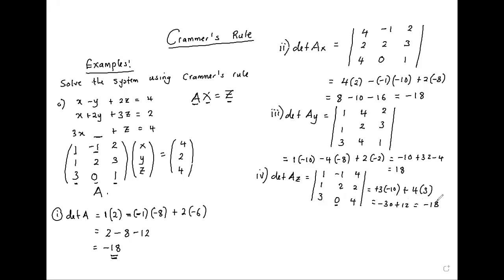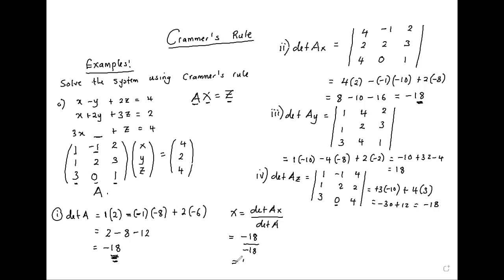After you get these determinants now, Cramer's rule says to get the value of x, you divide the determinant of AX by the determinant of A. Determinant of AX is this one here, negative 18, and then divide by determinant A, this one here, negative 18.